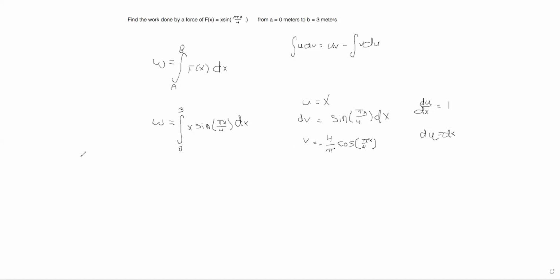So we have u times v. U is x, and v is negative 4 over pi times the cosine of pi over 4 times x. And we are evaluating from 0 to 3.